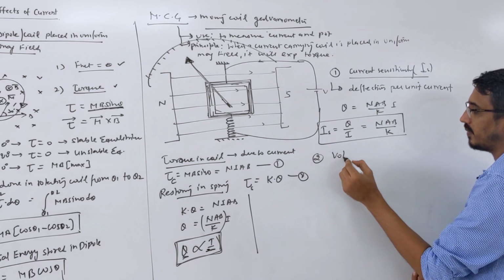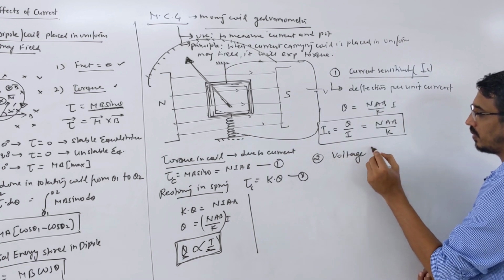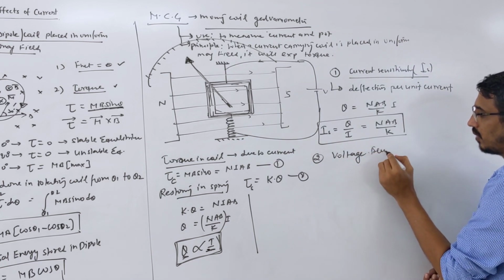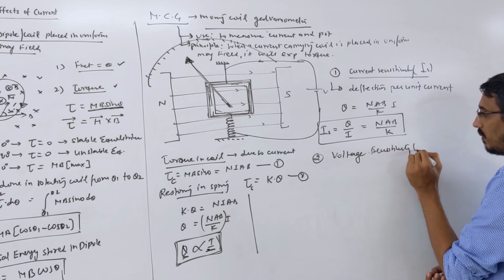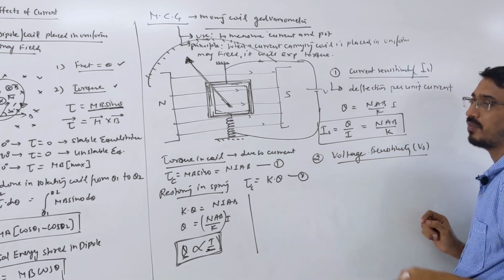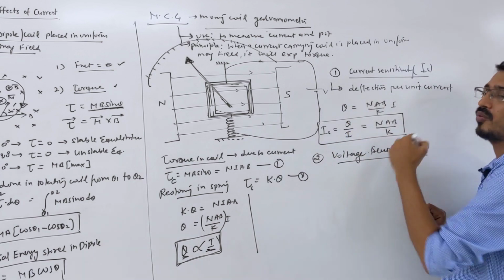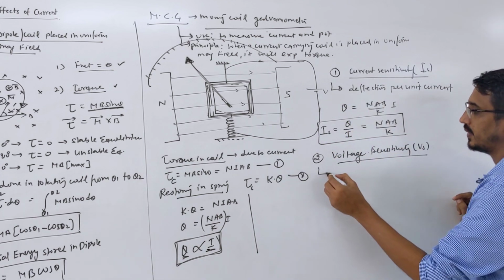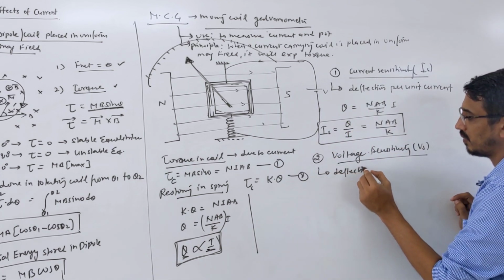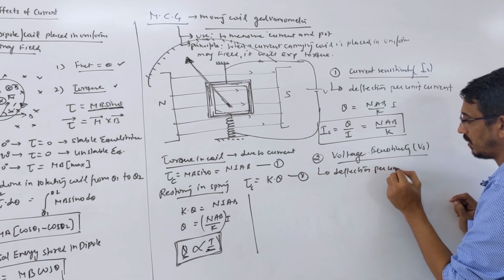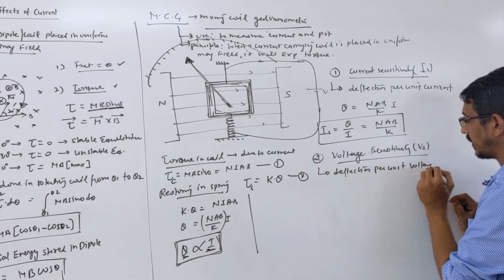Similarly, we write voltage sensitivity, VS. Again the same definition: deflection per unit voltage becomes your voltage sensitivity.